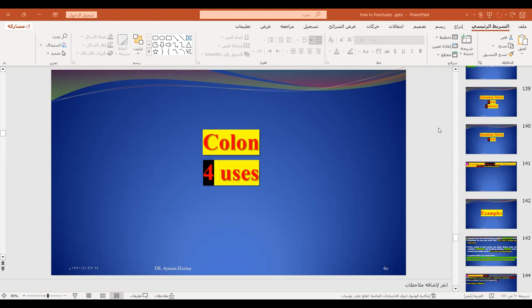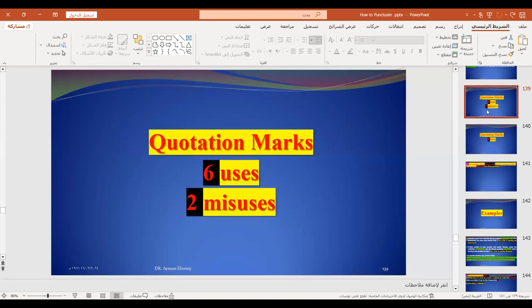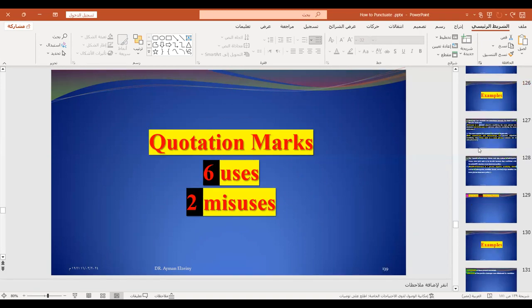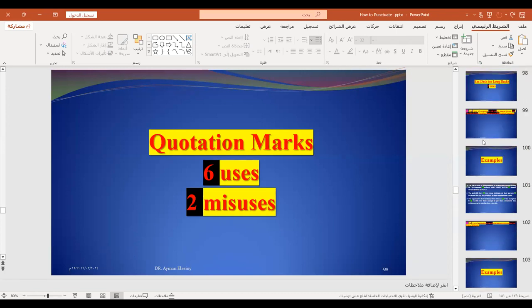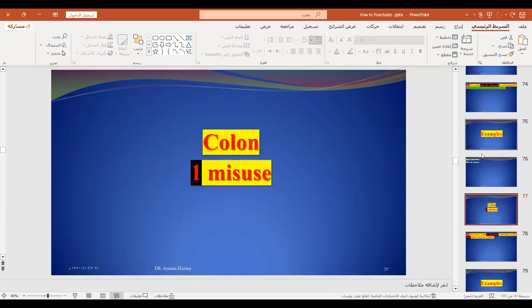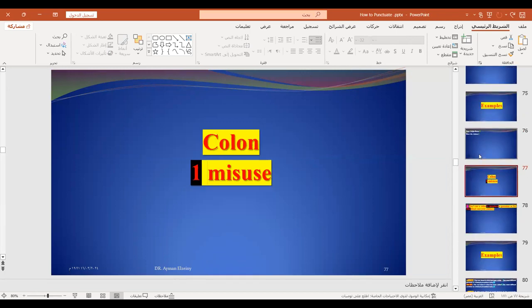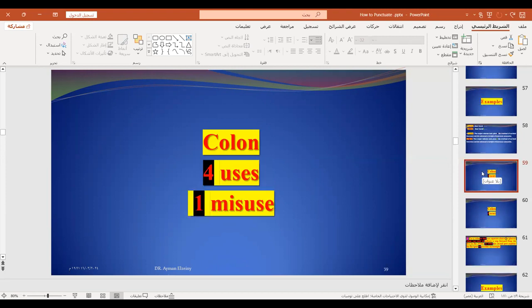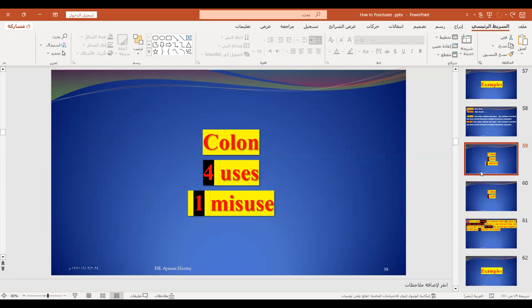Today we shall start now with explaining the uses and the misuses of colon. We shall complete our discussion with the uses of colon.